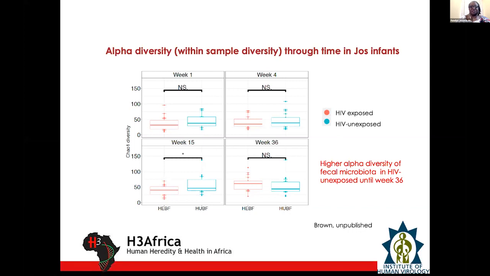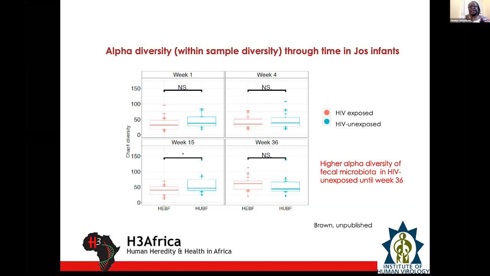And the second specific aim, which I'm going to share with you, was really looking at how these exposed infants also respond to vaccination. So our ability to look at the diversity close to vaccination allows us to associate the 3 aims together at the end of our study.